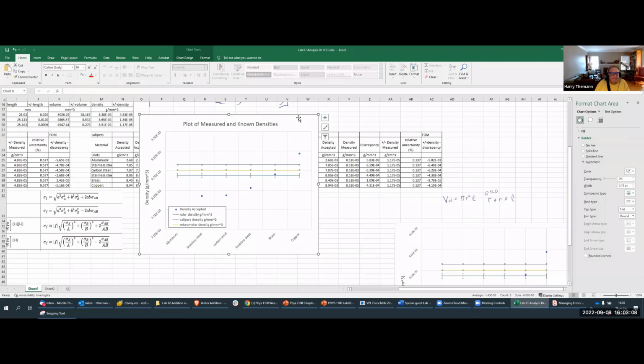So I have very precise measurements with the calipers and the micrometer in this set of data. I don't know what your data looks like. So I'm giving you the tools to describe your data. So in my case, I produced very precise measurements with the calipers and the micrometer, but my accuracy is off. Now, remember too, in real research, we wouldn't know the right number.